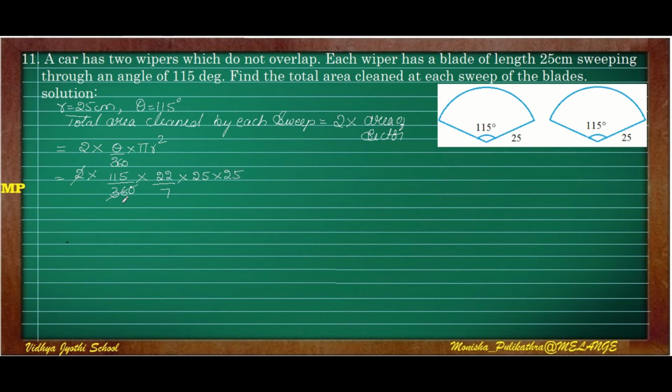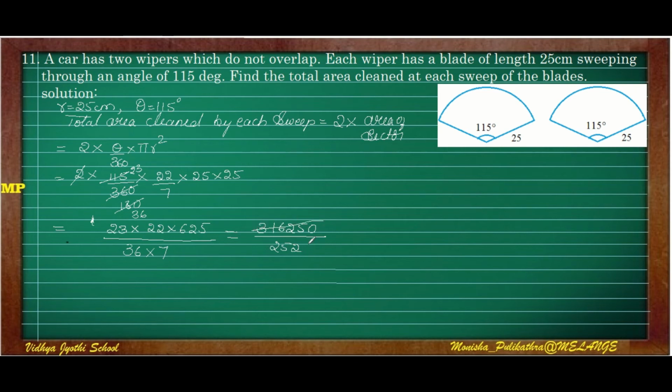So 2 ones are 2, 180s are, and from 5 we can take it, 5 23s are and 5 36. So here we will obtain 23 into 22 into 25, 25 is 625, divided by 36 into 7. So by multiplication you will get 316250 divided by 252.